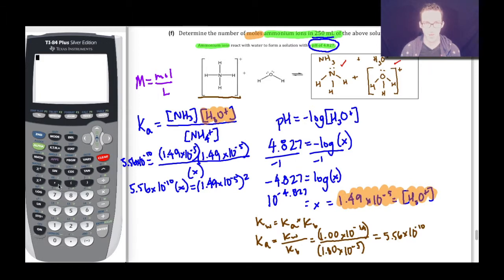So some quick help from my calculator here. 1.49 second e to the negative 5 squared divided by 5.56 second e to the negative 10 gives me an x value of 0.399 molar for my ammonium ion.